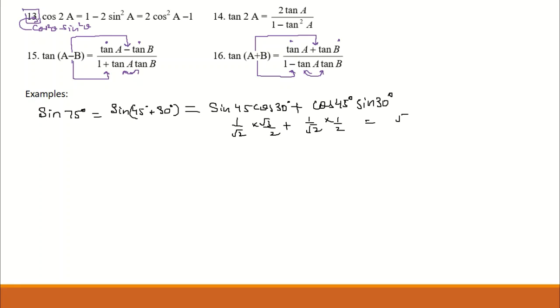So it will be nothing but root 3 plus 1 over 2 root 2. This is the value of sine 75 degree.